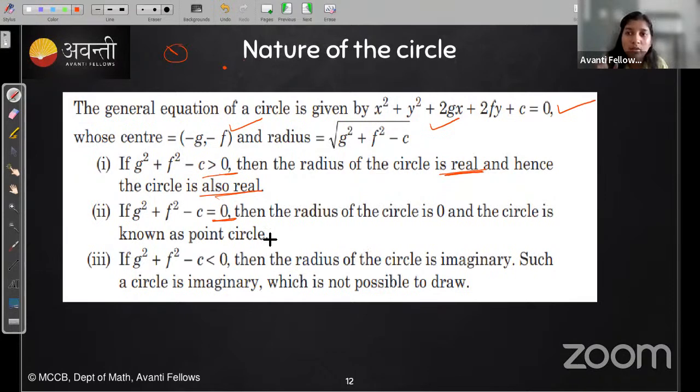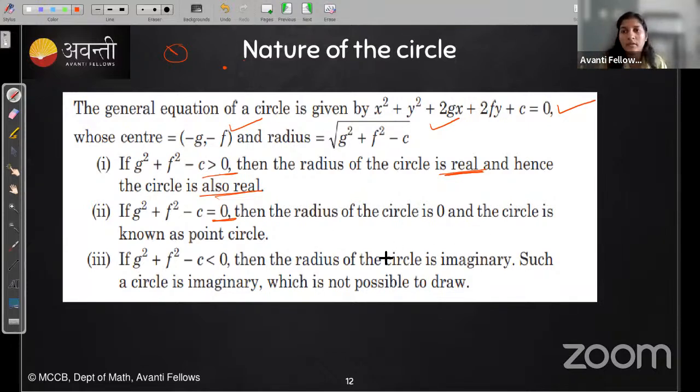When that value is equal to 0, radius will be 0, and we call that circle a point circle. And when that value is less than 0, what happens? This whole radius becomes imaginary, right? When the radius is imaginary, we call the circle imaginary.